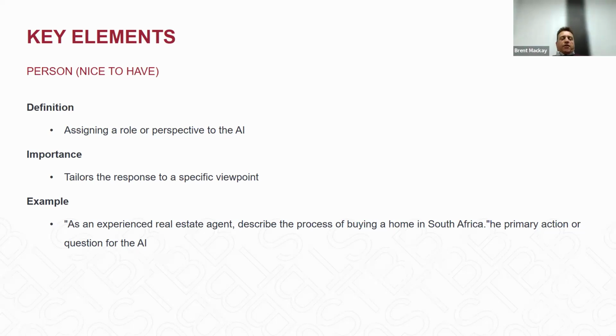But what would happen here is, you don't have to just say, as an experienced real estate agent. You can actually say things like, you are a real estate agent focusing on property sales in the Cape Town area, specifically, let's say, Table View of South Africa, and you have 25 years experience in the field. And then you give the rest of the prompt.